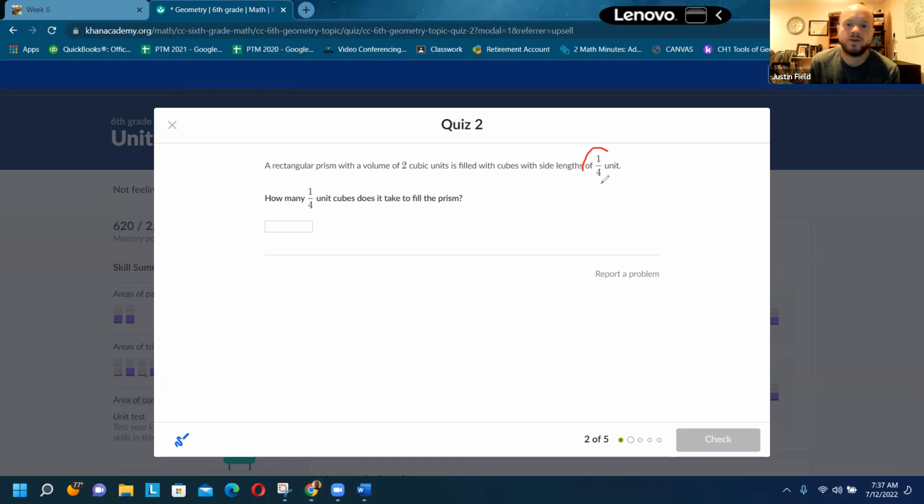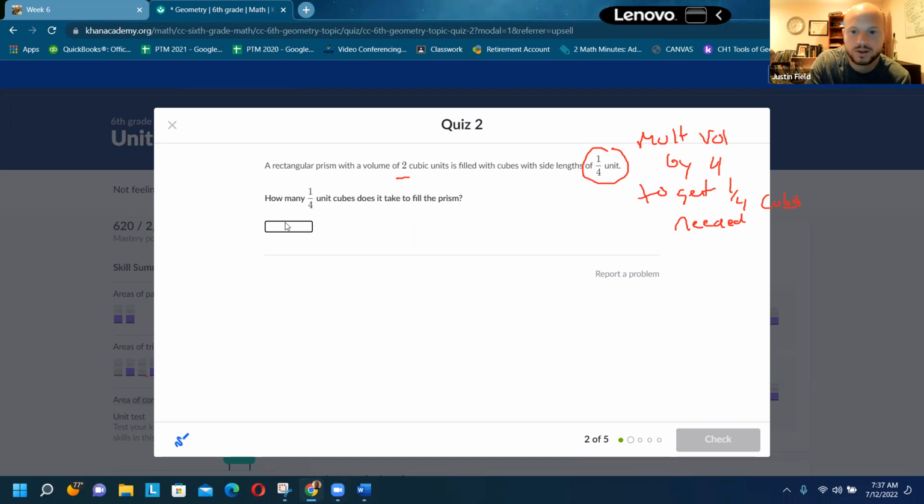So if it's 1/4, then that means multiply the volume by 4 to get the 1/4 cubes needed. At 1/2 cubes, you'd have to double the volume. 1/5 cubes, multiply by 5. So if the volume is 2, how many 1/4 cubes? That would be 8, because 2 times 4 is 8.